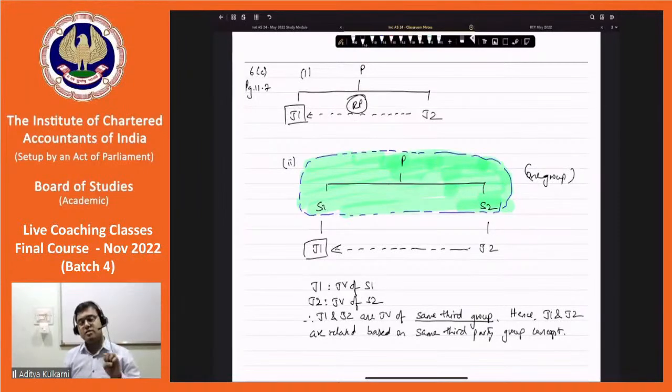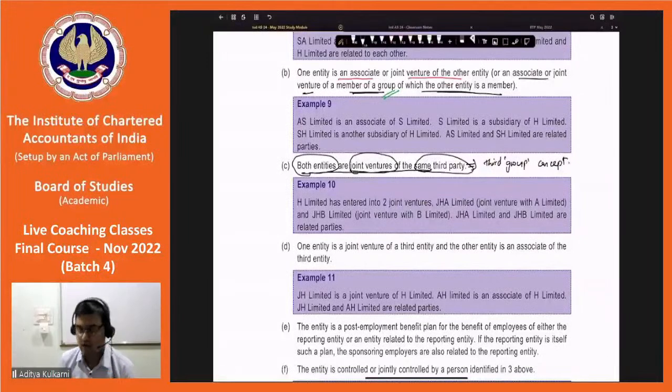So that becomes the same third party. And therefore, J1 is a joint venture of that third party. J2 is also a joint venture of that third party. And therefore, J1 and J2 are related to each other. So same third party means third group concept, group concept.